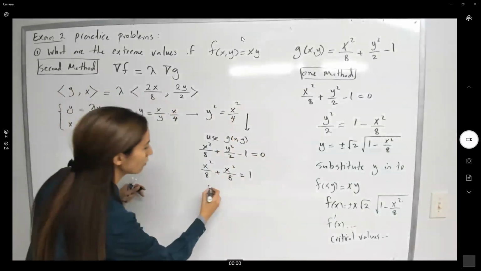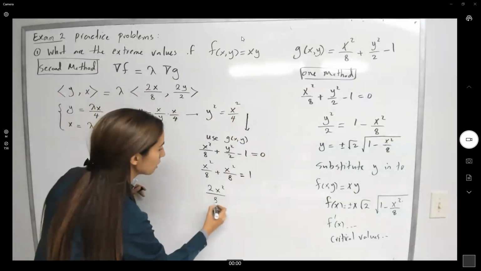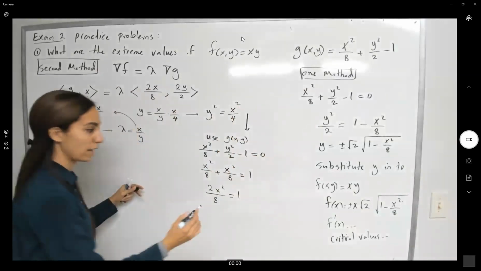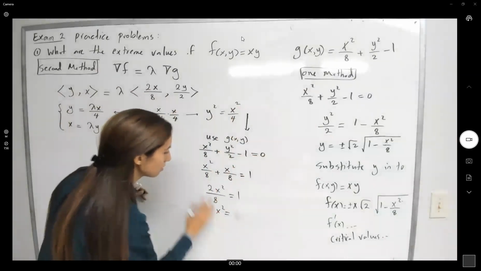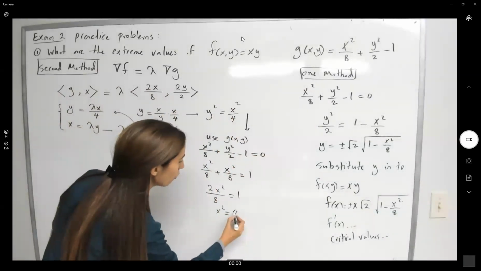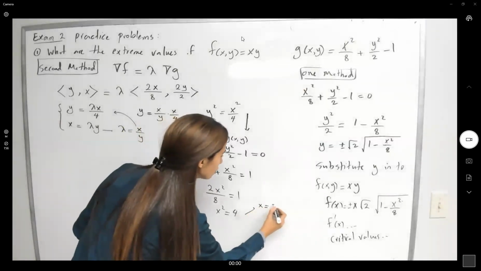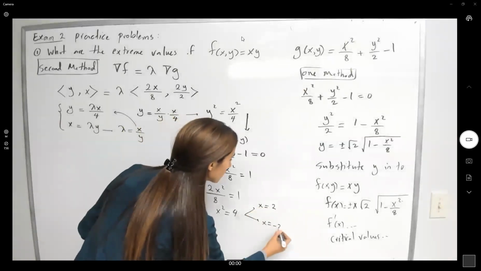So 2x squared divided by 8 equals 1, or x squared equals 4. So x is 2 or x is negative 2.